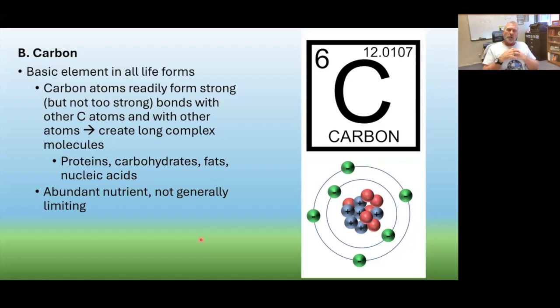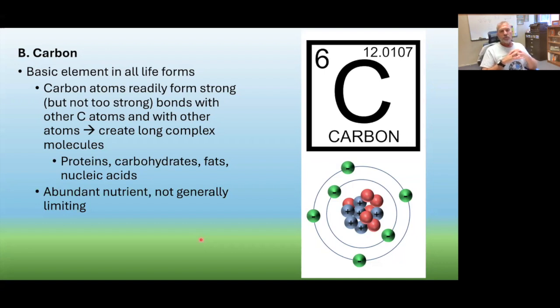So I've been talking about nitrogen and phosphorus, but carbon is also an important nutrient. It is the basic element of all life forms. If in your chemistry classes you've heard about organic compounds, these are not necessarily the things you find in the organic section of the grocery store. When we talk about organic in a chemical sense, it contains carbon, right?